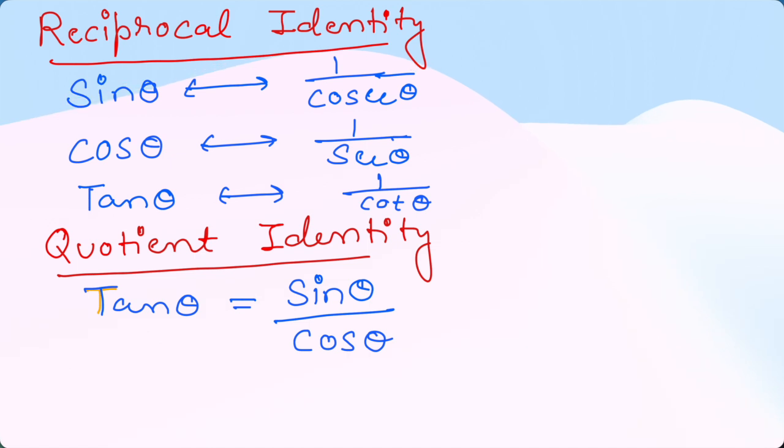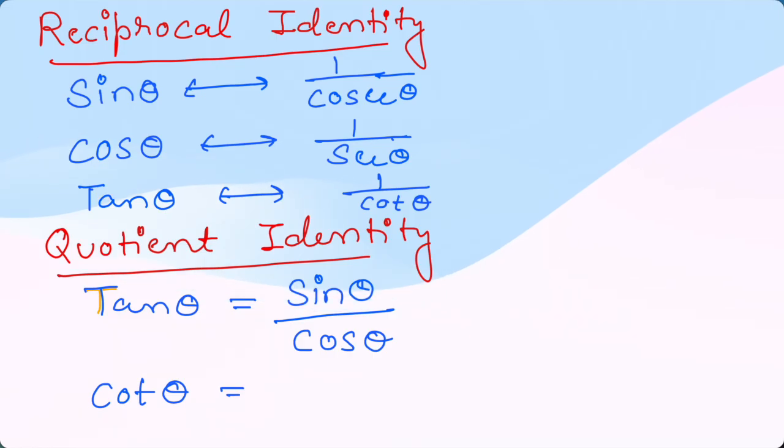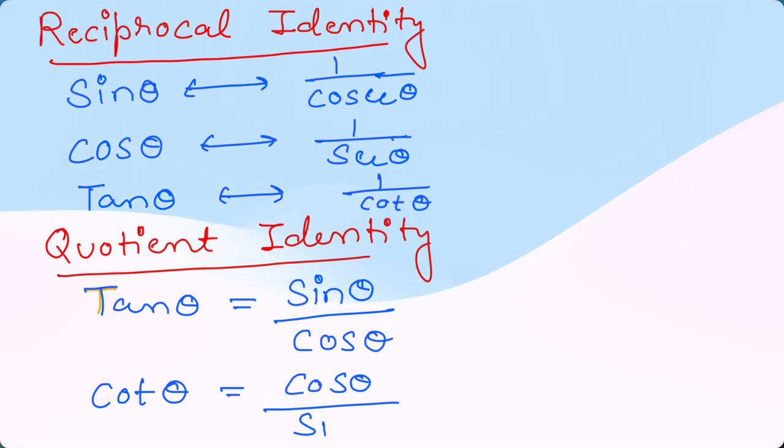It means I can write tan theta in terms of sine theta and cos theta if we know the quotient identity. What was the next one? It was cot theta. So cot theta can be written as cos theta by sine theta.